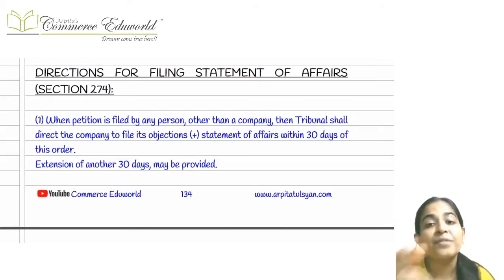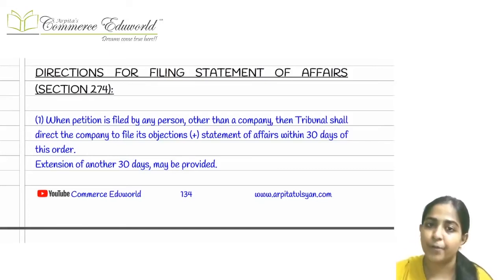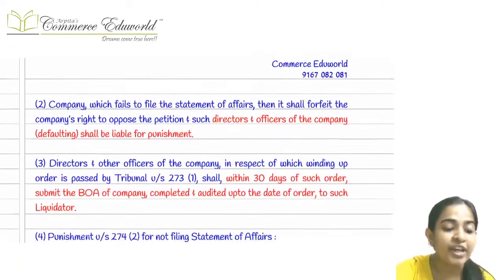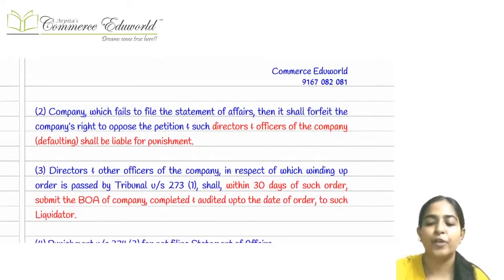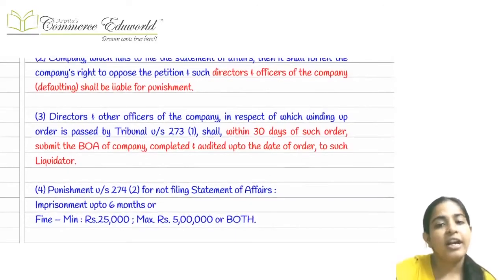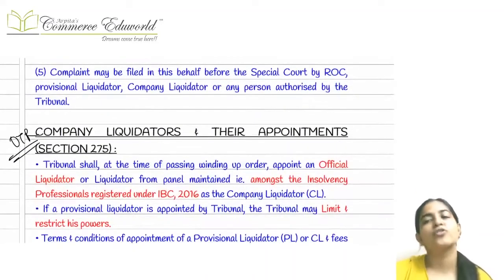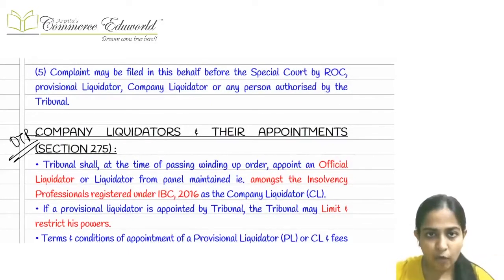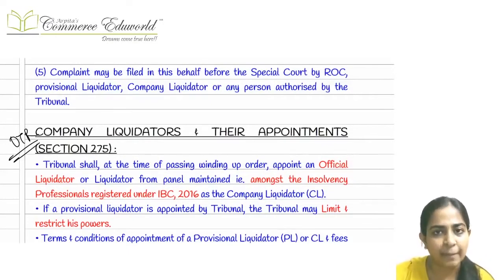So please file your objections, what objections you have against this particular petition, and please file the statement of affairs. We are supposed to prepare this statement of affairs and submit it before the tribunal. We have to submit our objections also, plus the statement of affairs. So basically till now, what has happened was, in which circumstances the winding up can happen?